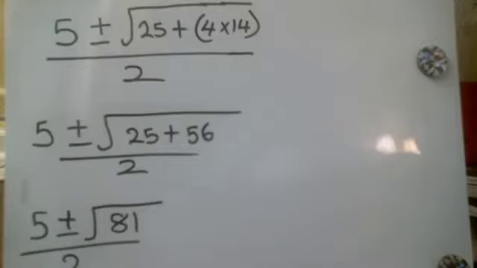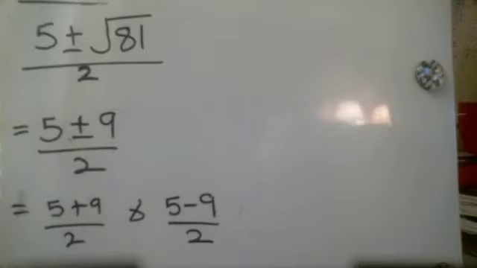So we have 5 plus minus square root of 81 divided by 2, which will give us 5 plus minus 9 over 2, because square root of 81 will give us 9.